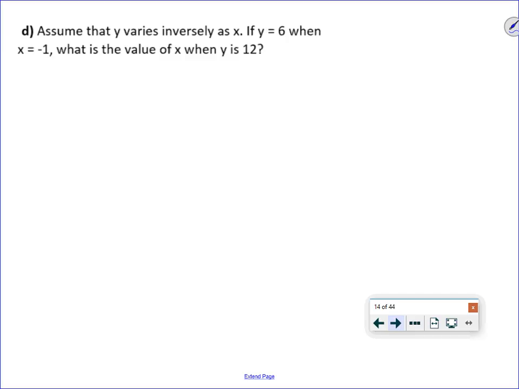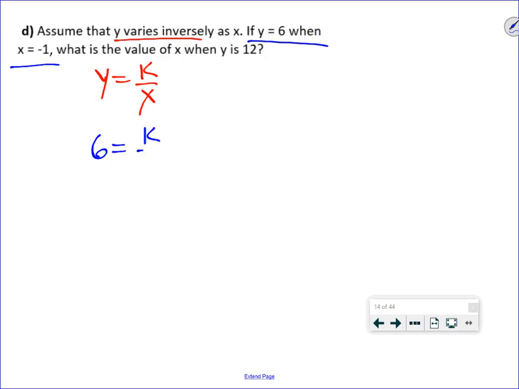Assume that y varies inversely as x. If y equals 6 when x equals negative 1, what is the value of x when y is 12? So first thing we know is that y varies inversely: y equals k over x. Then they give us a data point. So 6 equals k over negative 1. Multiply both sides by negative 1, and I'll get k equals negative 6.